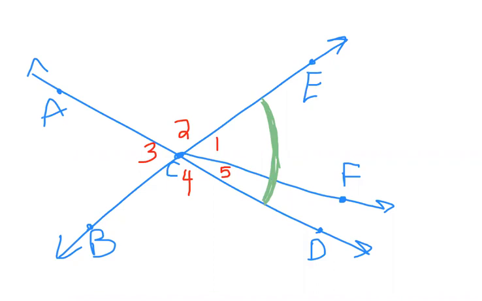Oh, Anthony, you get this one. How do you name that angle that I just highlighted in green? Anthony, you hear that I called on you, right? Oh, good. All right.